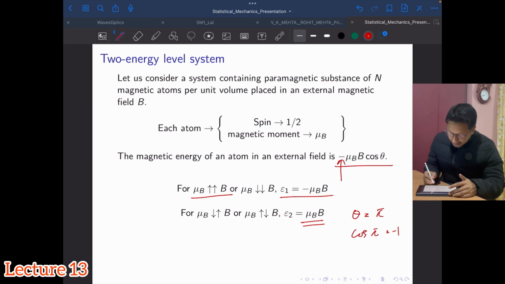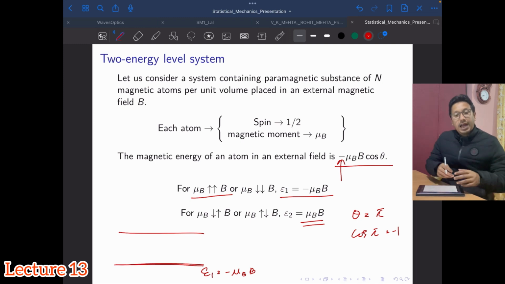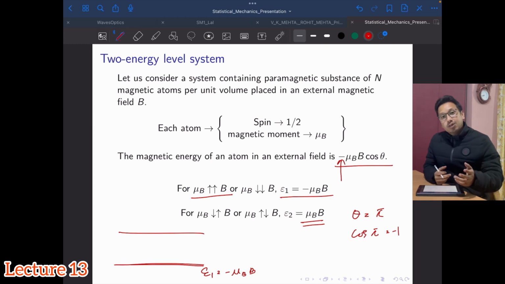As you can see, we have these two states. The lower energy state has the energy E1, which is minus mu b B. This lower energy state contains the atoms which are parallel to the magnetic field.